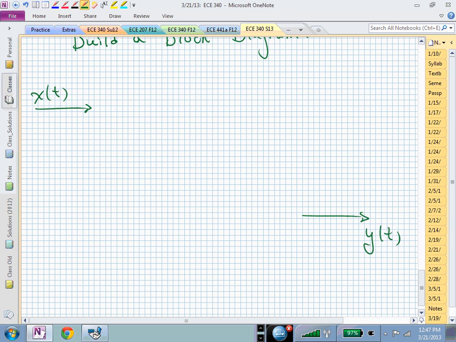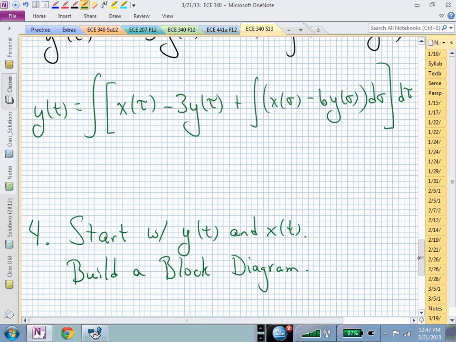Now I want to build up the relationship established by that earlier equation. Meaning, y of t needs to be the integral of the input minus 3 times the output plus the output of this second integral.